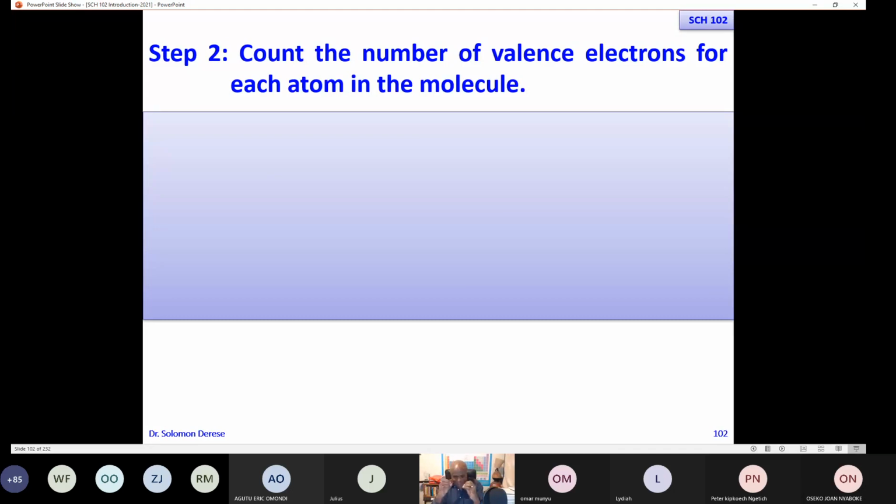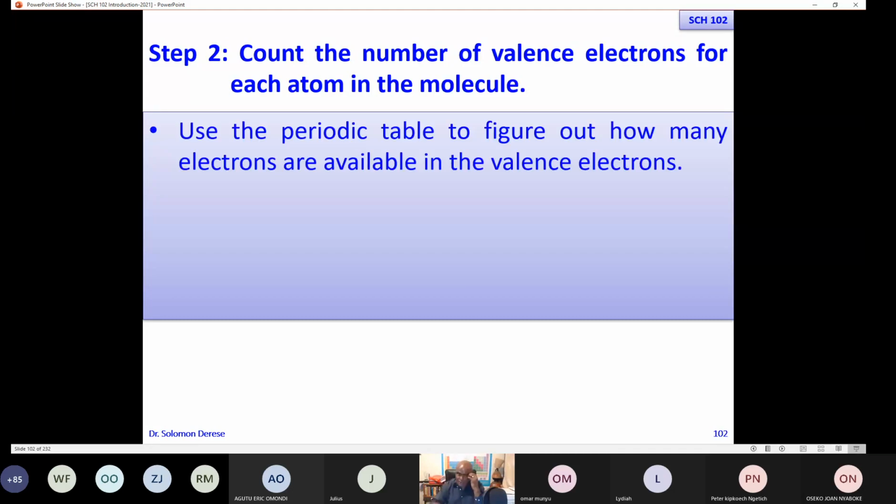So the first thing you have to do is count the number of valence electrons for each of the atoms in that particular molecule. And then to determine the number of valence electrons of a particular atom, you'll use their position in the periodic table. If they are group 1, 1 valence electron. If they are group 2, 2 valence electrons.